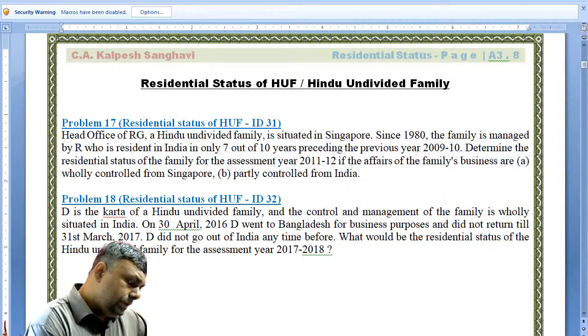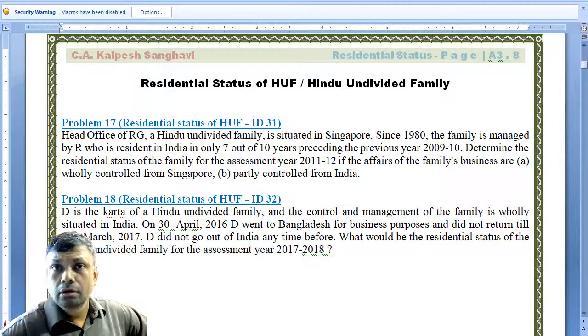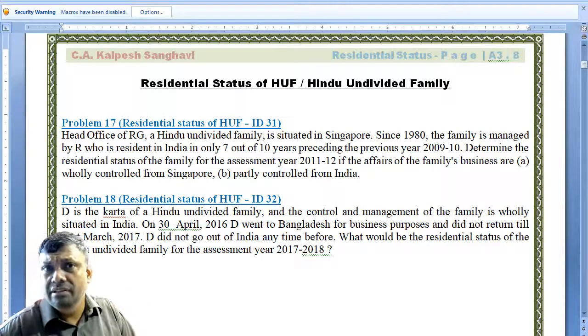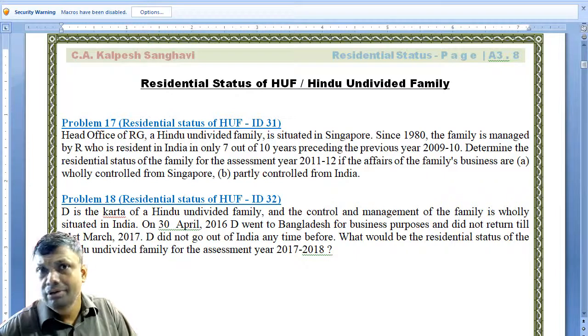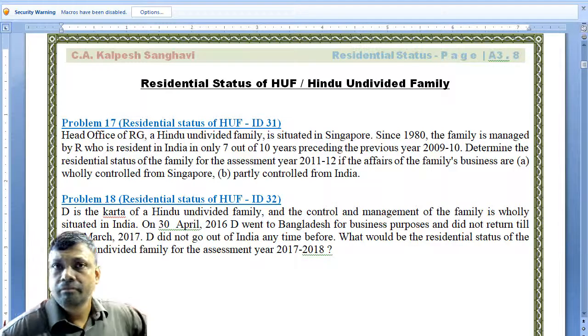Alright. So let's go to the next level of discussion. The HUF first of all becomes resident or non-resident based on the test of control and management. That is very much clear. So we don't need the number of days of stay basically for resident and non-resident. We don't need that information. It is a test of control and management.